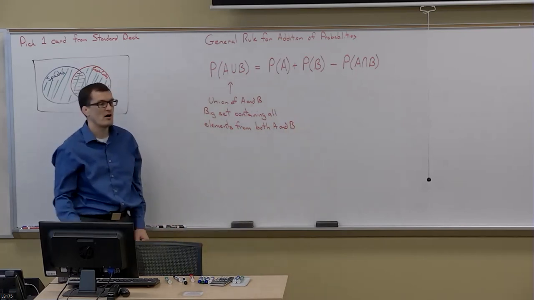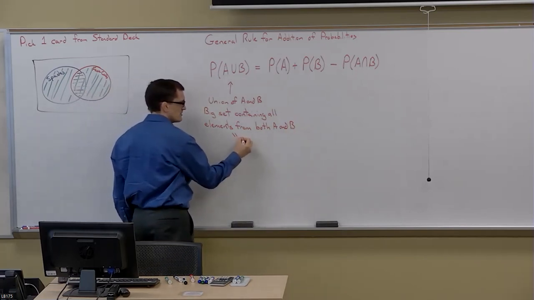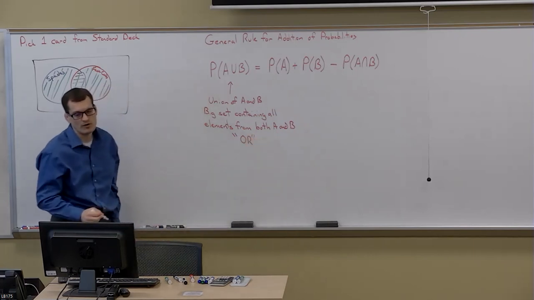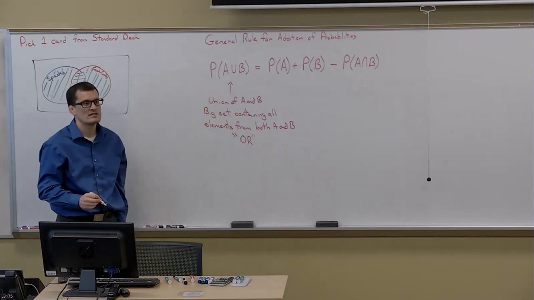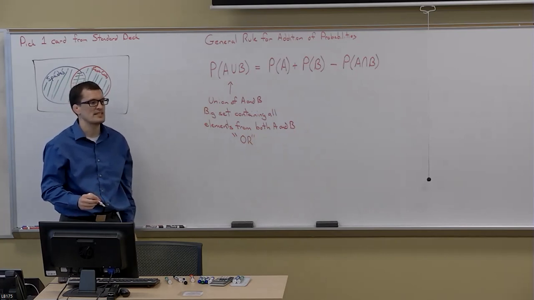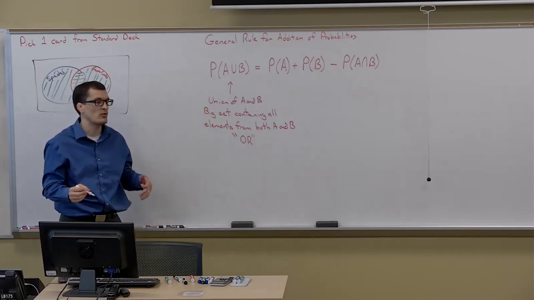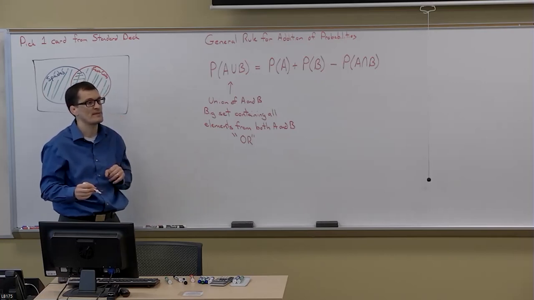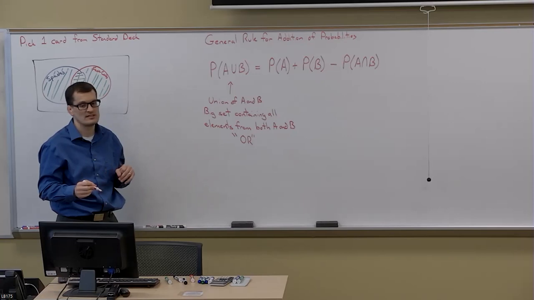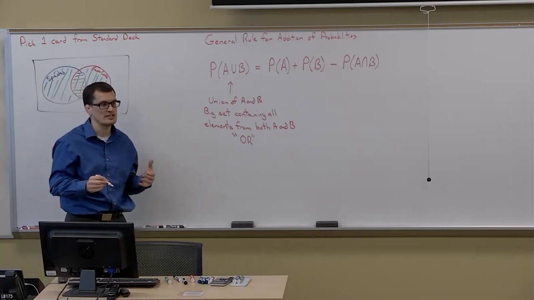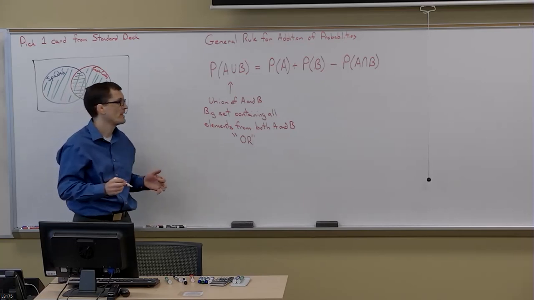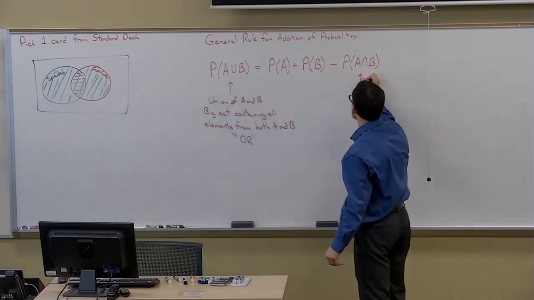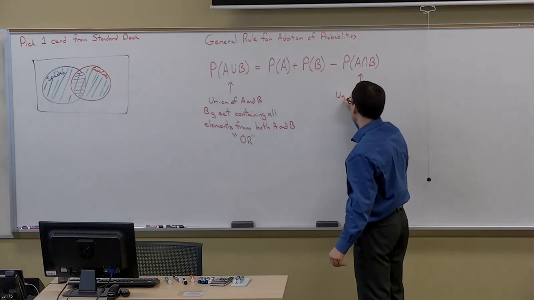All right, oftentimes you'll see the word or. So what's the probability of getting either a spade or a face card? You guys remember that? That's what we just did. So you'll see the word or, so you can get either or. This is the union of A and B.